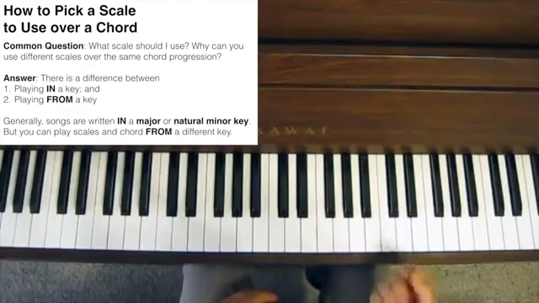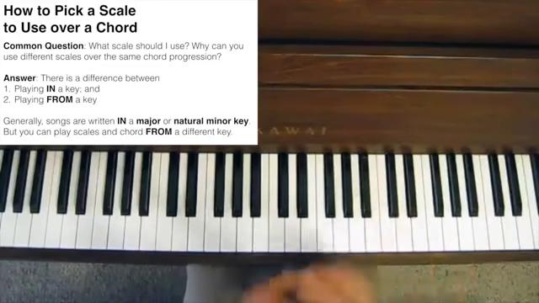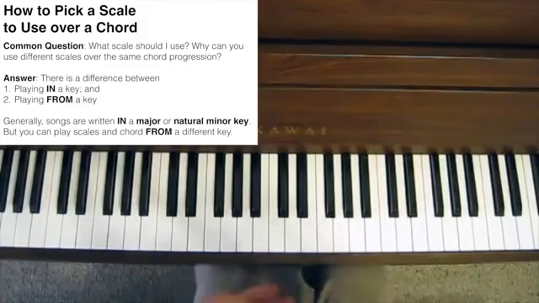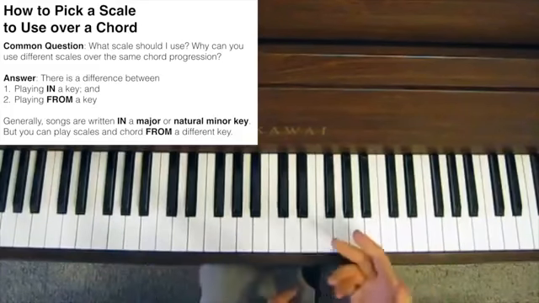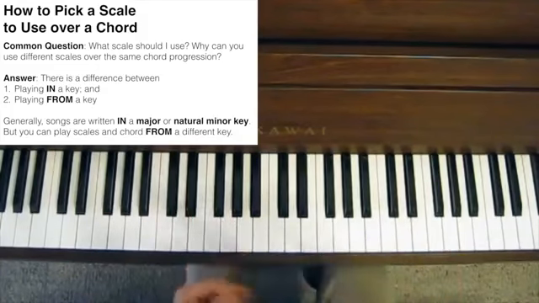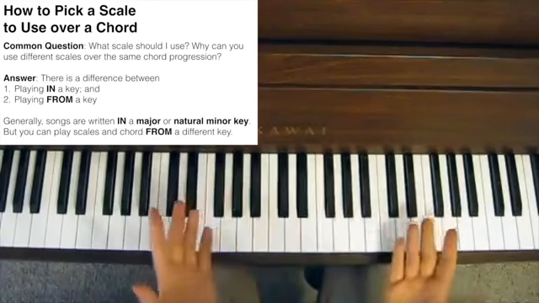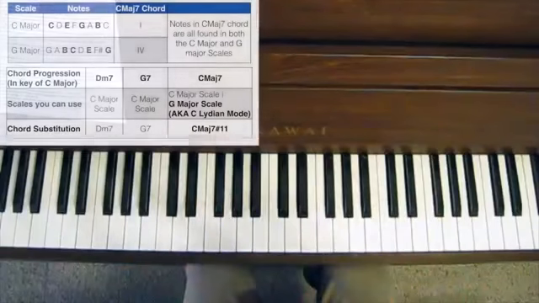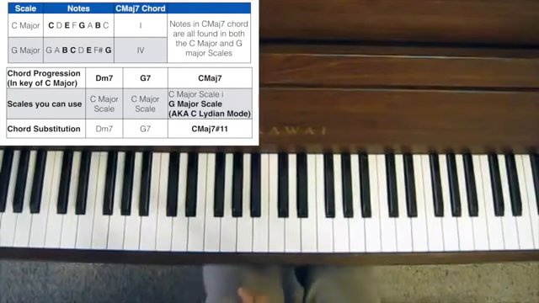But you can play scales and substitute in chords from a different key into a given song or chord progression. So if you have a song that's in the key of C major, you can still play scales and substitute in chords derived from a different key into that C major chord progression or song. Now, this will make more sense if we go through a simple example, so let's do that.